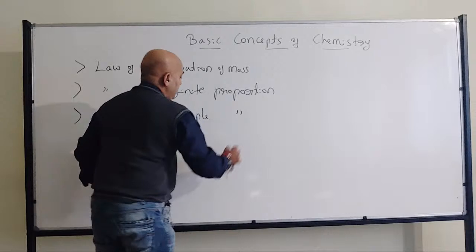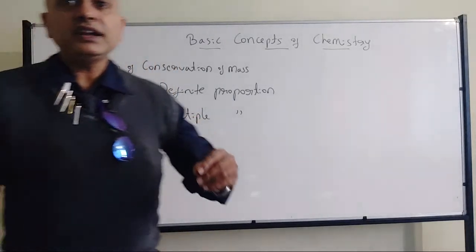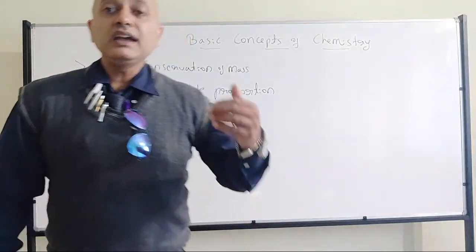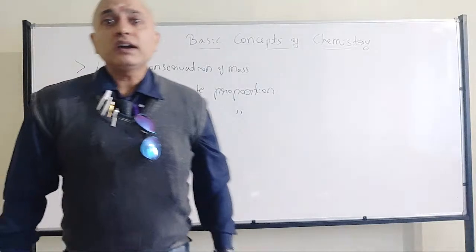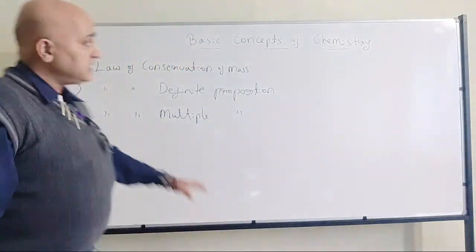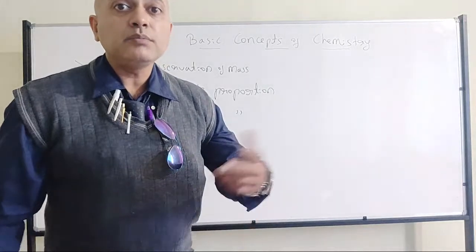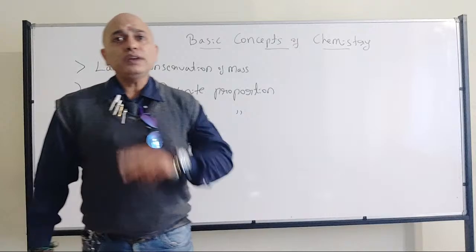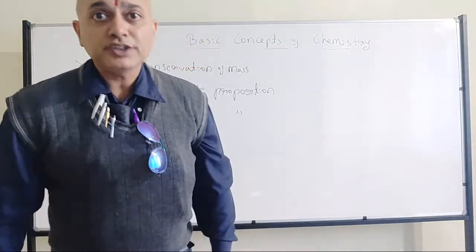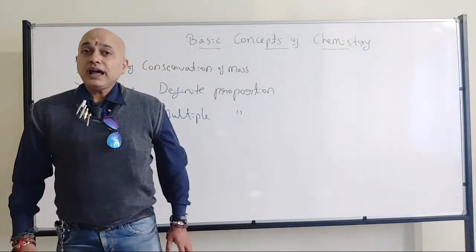So what is definite proportion? Definite proportion is dealing with one molecule or one compound. But when it comes to multiple proportion, here we are dealing with more than one compound. For example, two elements involved in the formation of two different compounds.